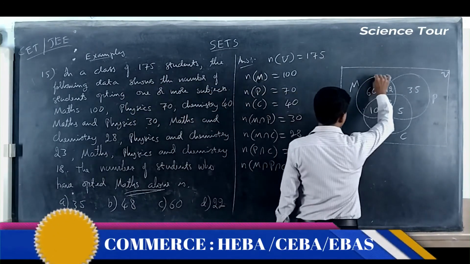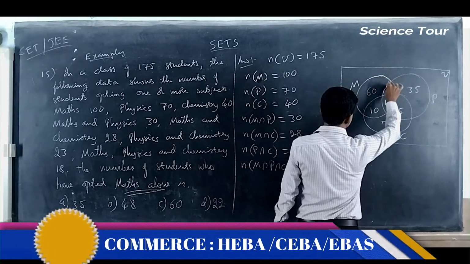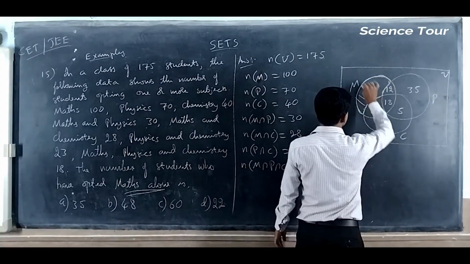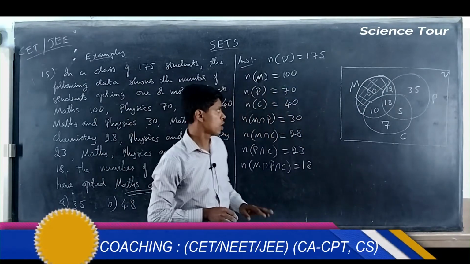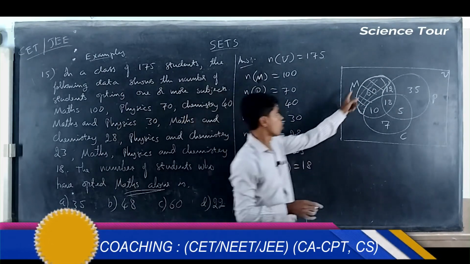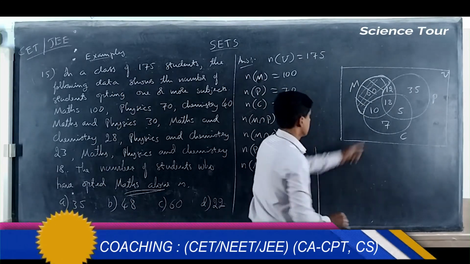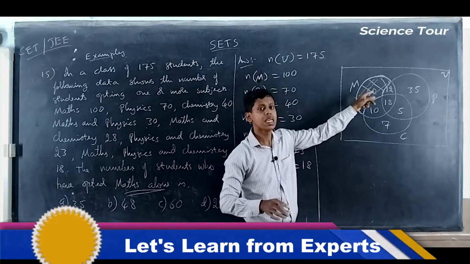You had to find maths only. So that means you had to find only this region, right? So what you need to do is subtract these three quantities from n of M.